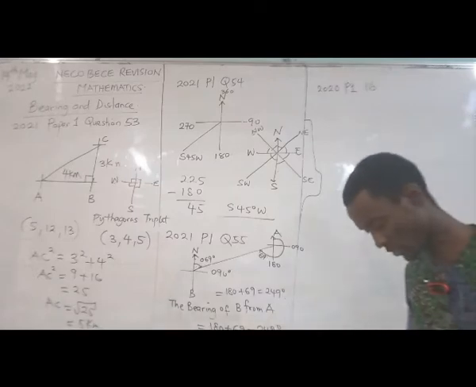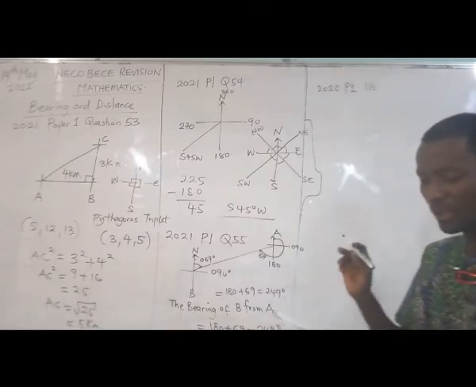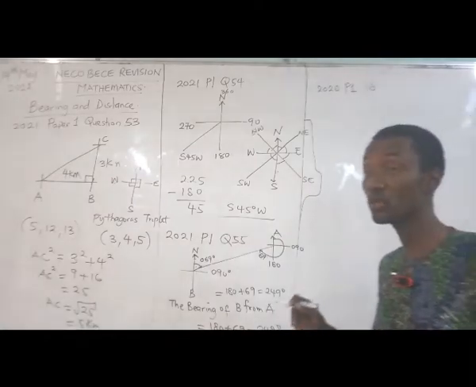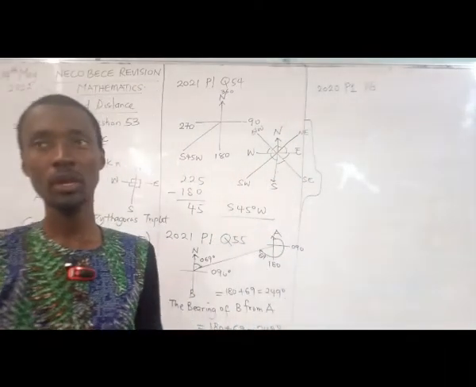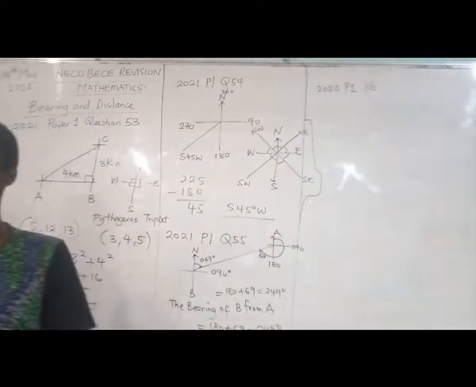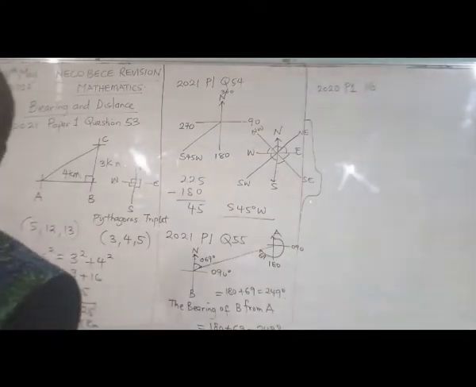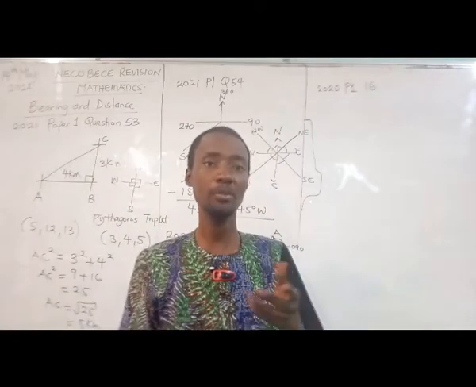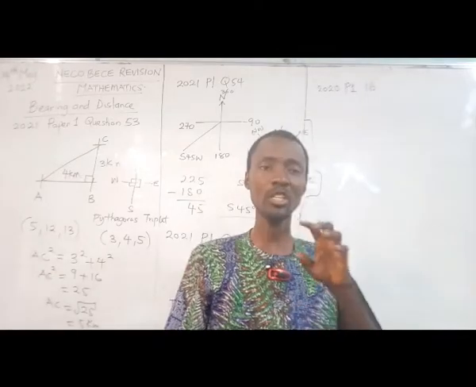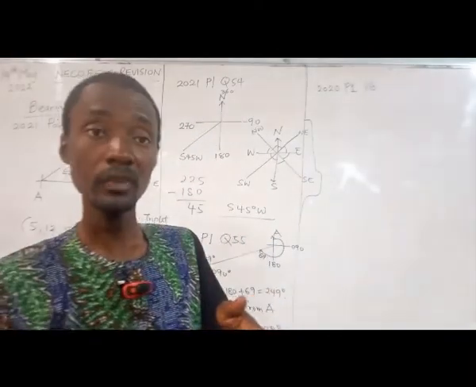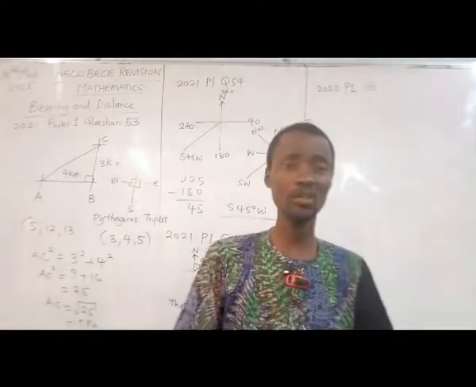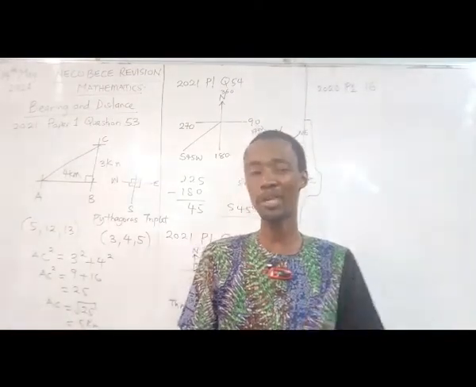Right. So question 16 says the surveyor bearing of 300 degrees is equivalent to a compass bearing. Here we see something very interesting, and this is how you need to remember. There are 2 types of bearing. There's what is called surveyor bearing, which is your 3-figure bearing.